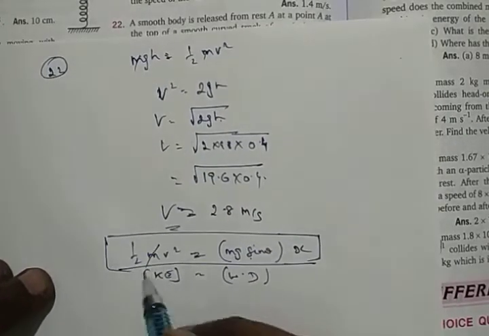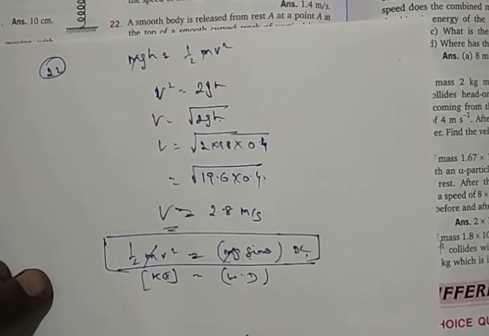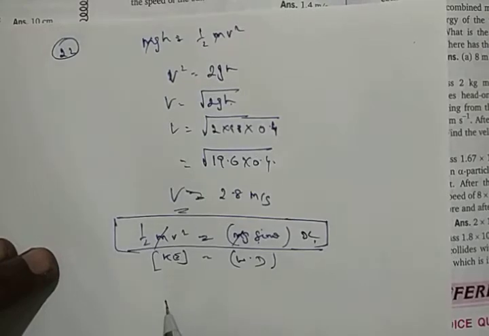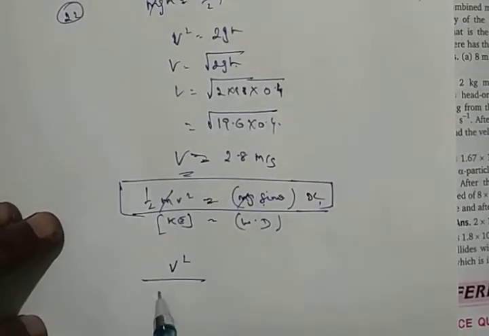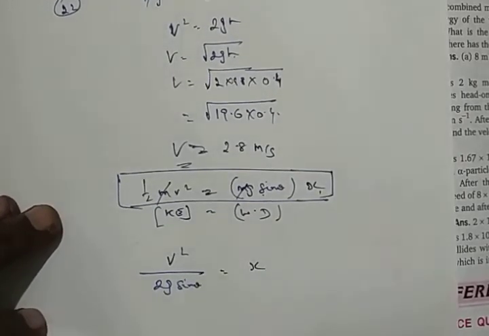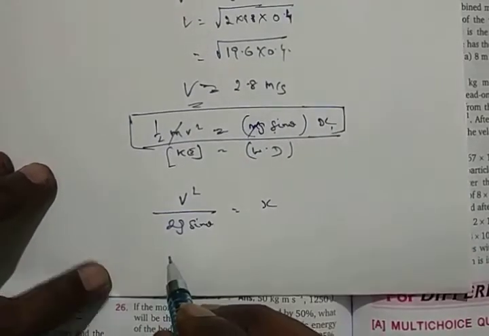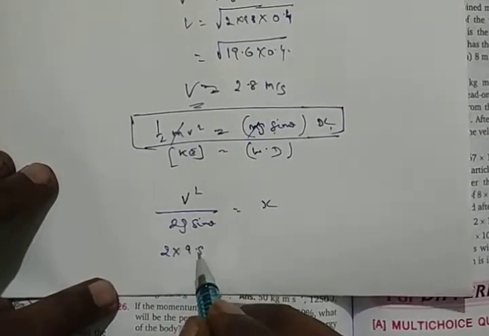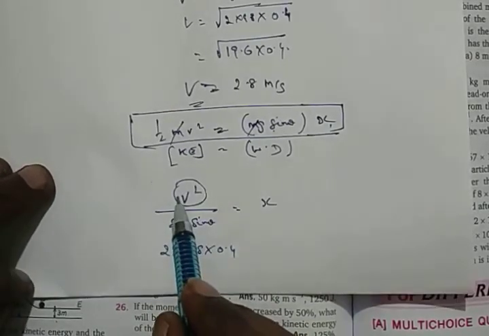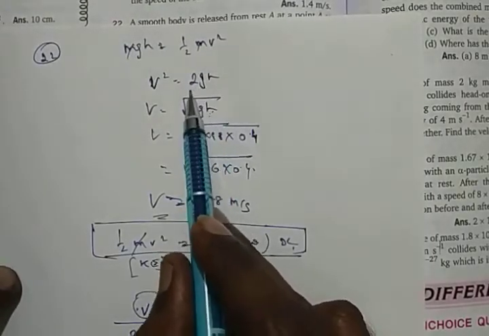Now substitute everything. Mass gets cancelled out. Distance only is asked, so v square upon 2g sin theta is equal to x. How far is asked, that's what you need to find out. Now v square I am taking from this point, v square is equal to 2gh, 2 into g into 0.4.